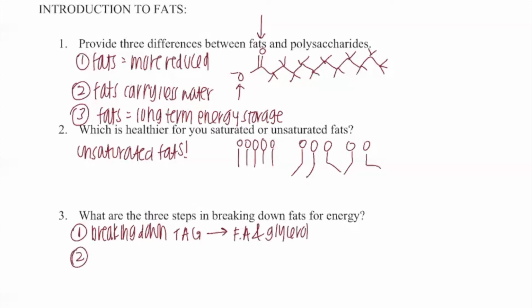Our second step in breaking down fats for energy is we're going to have to activate, right? A circle with a triangle in it is going to mean activate our fatty acids so that they can enter the mitochondria.